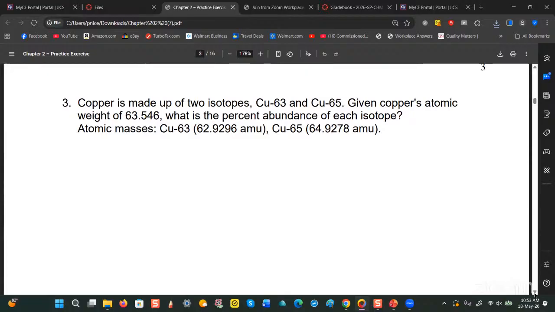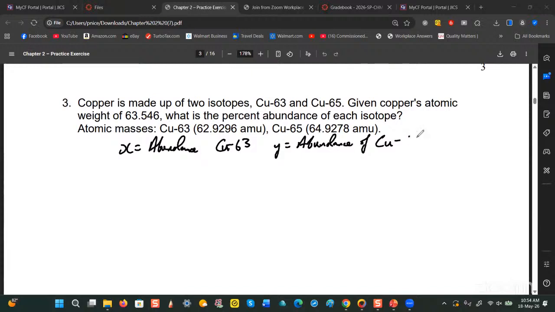So what we can do is say, let X equal the abundance of copper 63 and Y equal the abundance of copper 65, all right?